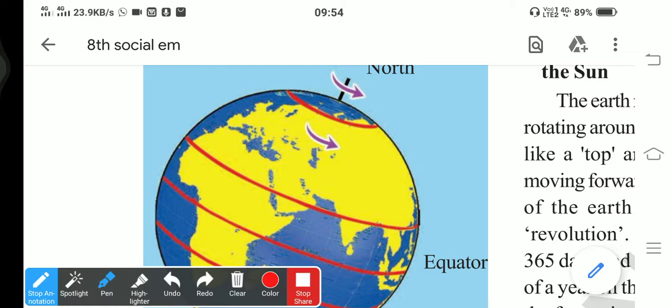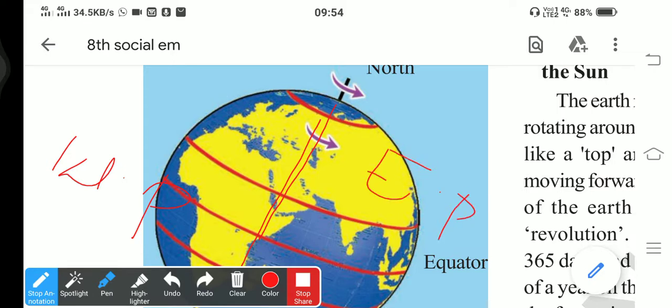When it moves, what will happen there? The axis is dividing the earth into two parts. This is the western portion towards the left hand side, and the right hand side is the eastern portion.